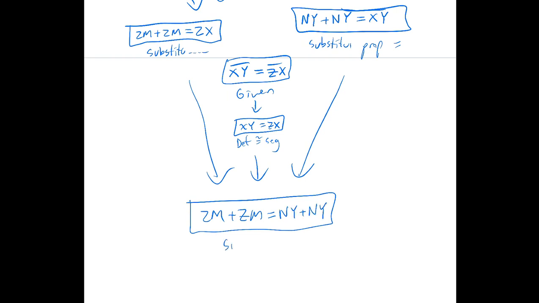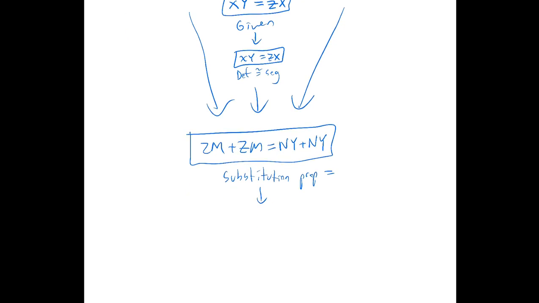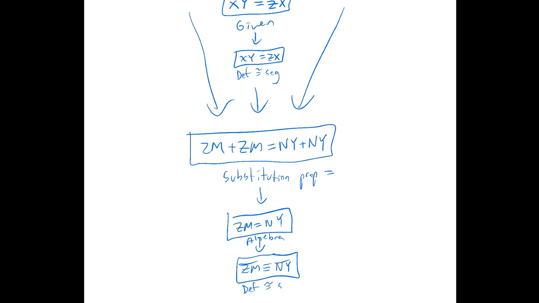And that was substitution property of equality. Now, I'm just going to say we use algebra, but you could say this was division property of equality, but that means ZM is equal to NY, which means that ZM is congruent to NY. That's what we wanted. So I'm going to say this was using algebra, and this was definition of congruent segments.